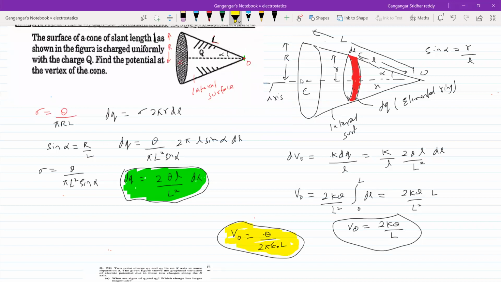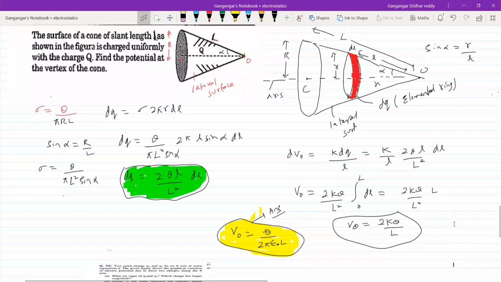So define the charge density first: total charge by lateral surface area. Completed? So we'll go for the next one.